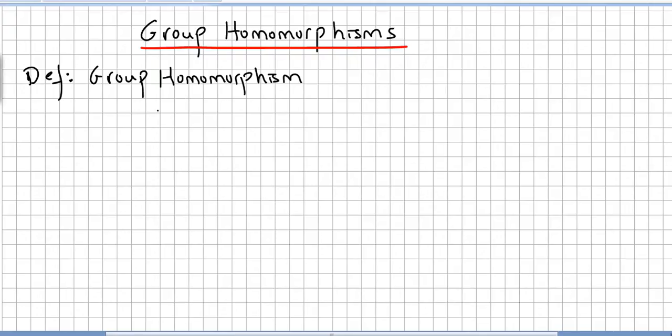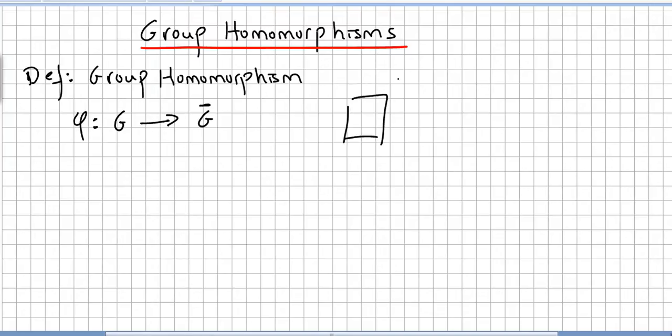A homomorphism, let's call it phi, from a group G to a group G bar, is a mapping.